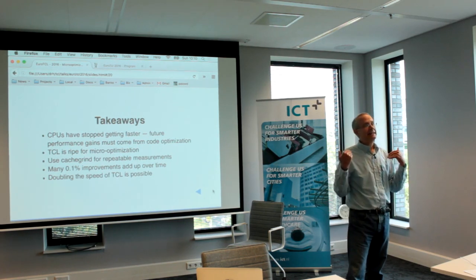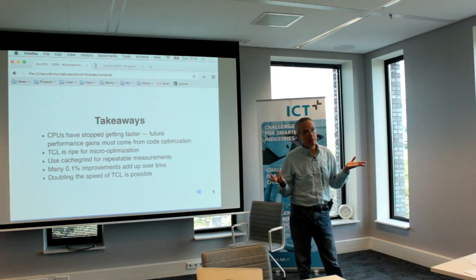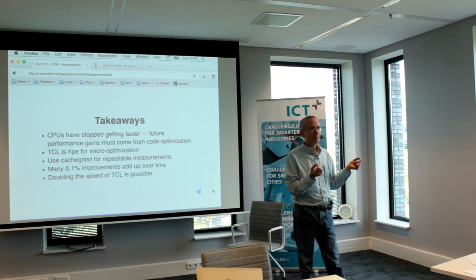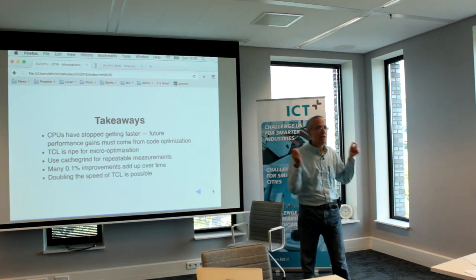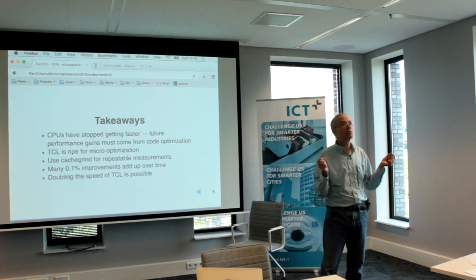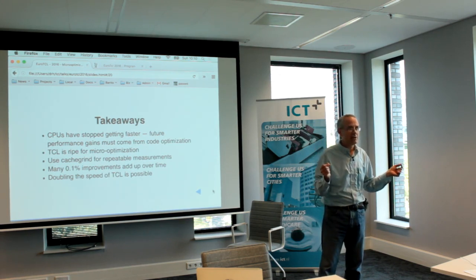Once again, a lot of people object to this in that cache grind is not giving you necessarily a really accurate count, but it is giving you a repeatable count. And the point is not to be super accurate, but to be super repeatable, so that I know that my change makes a difference.